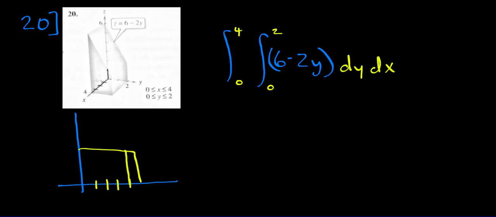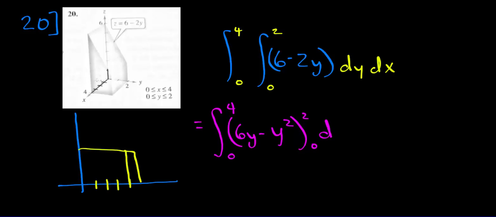So if you got the antiderivative of 6 minus 2y with respect to x, 6x minus 2xy, because there's no y in there. But the way I did it here, I've got 0 to 4, 6y minus, well, just y squared, isn't it? And I'm going from 0 to 2 dx. Yeah.